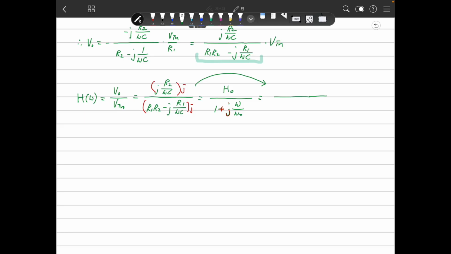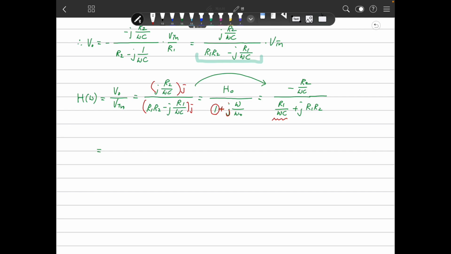So we make it R1 omega C plus j R1 R2 and minus omega C R2. Then we need to make a 1.